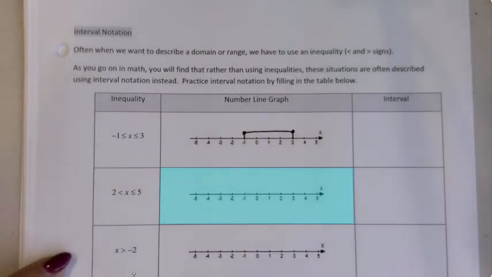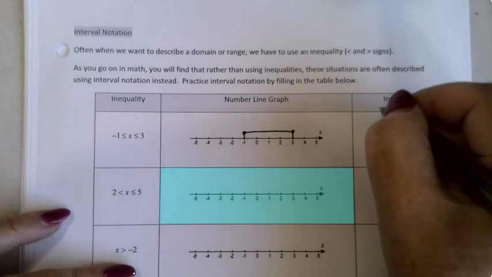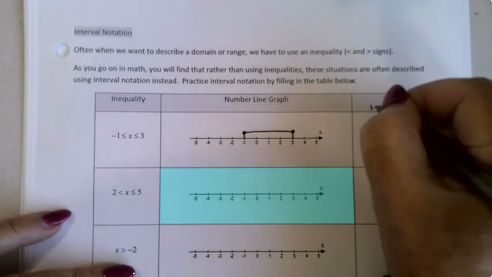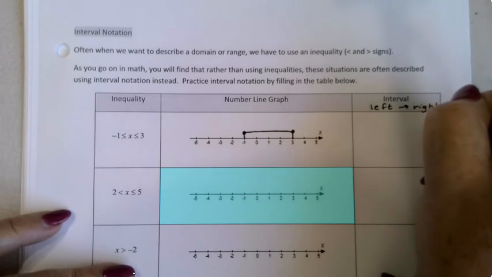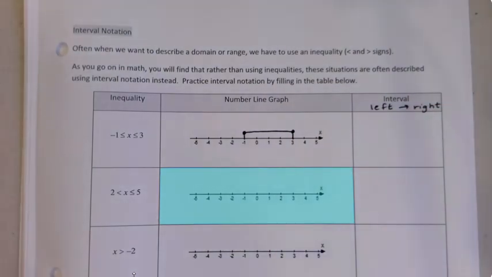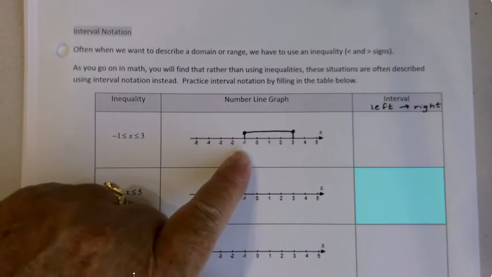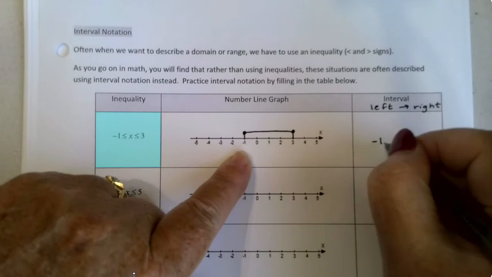All right, how do I write this as an interval? The first and most important thing about interval notation is that you always read it left to right, every single time. So I'm going to start by writing down my leftmost value, -1.